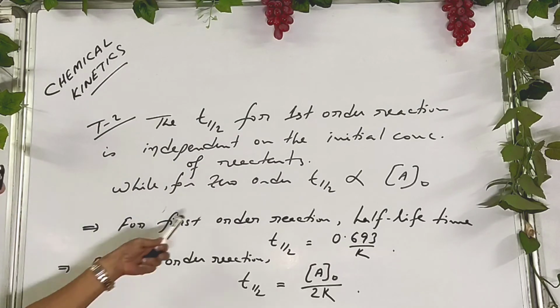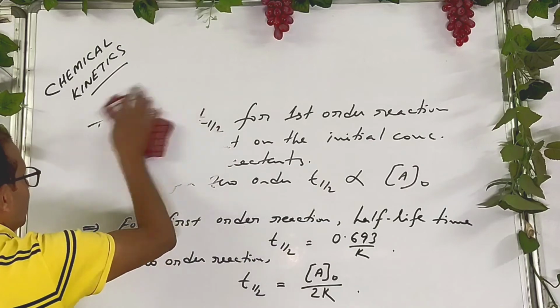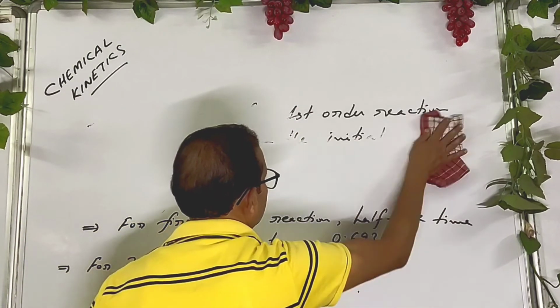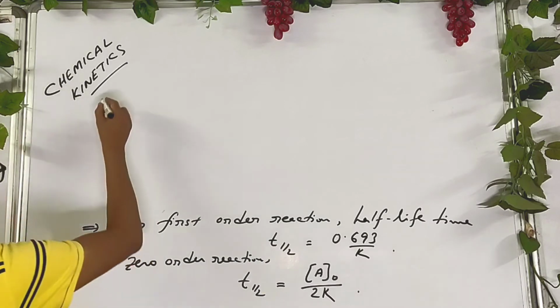Okay, now the numericals relating to half-life period, direct numericals will come, so see the numericals.